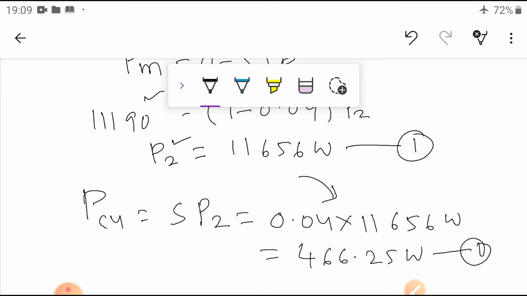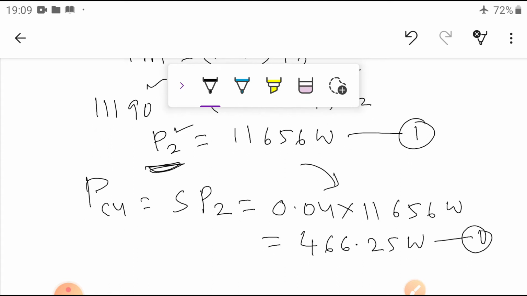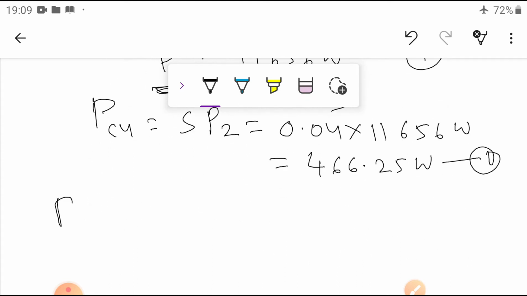Now P2, the rotor input, is given, that is the stator output. Stator losses also are given. Then P1, the stator input, is equal to P2 plus stator losses.